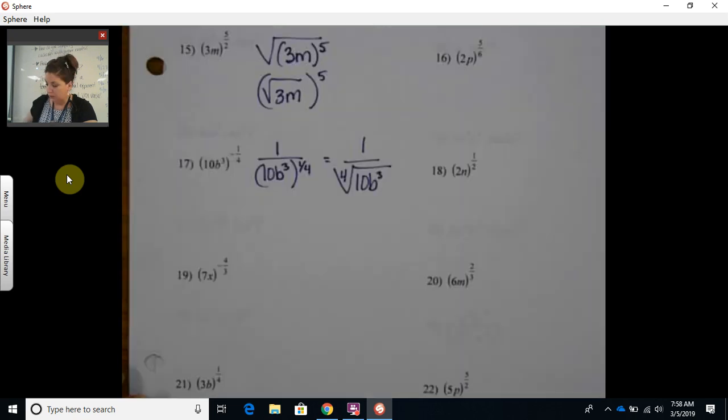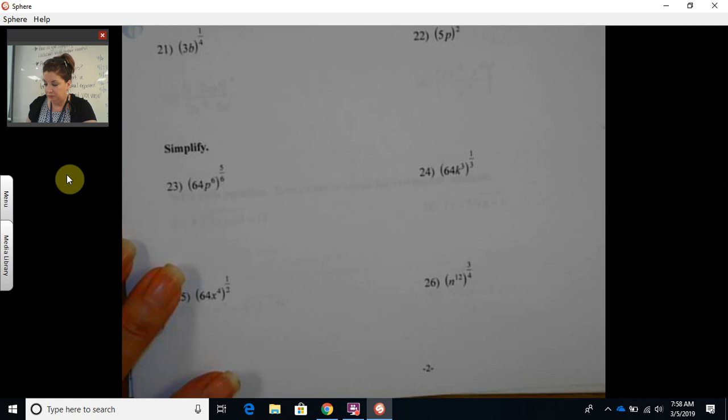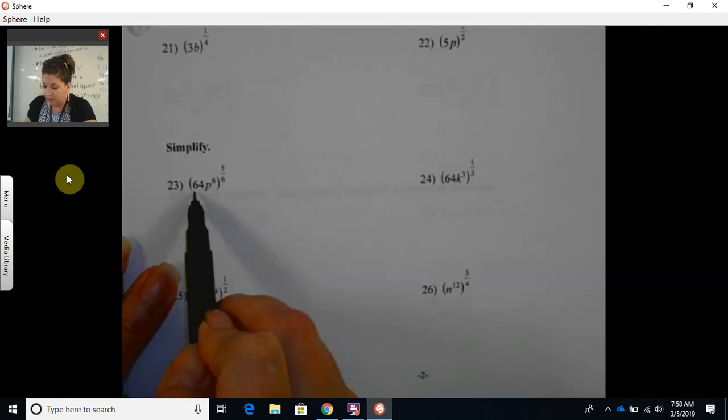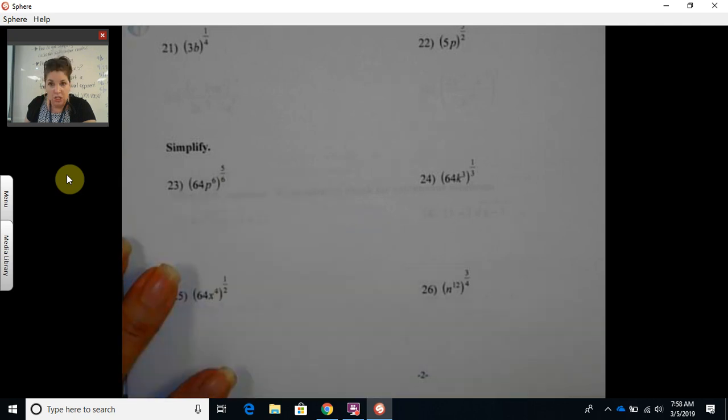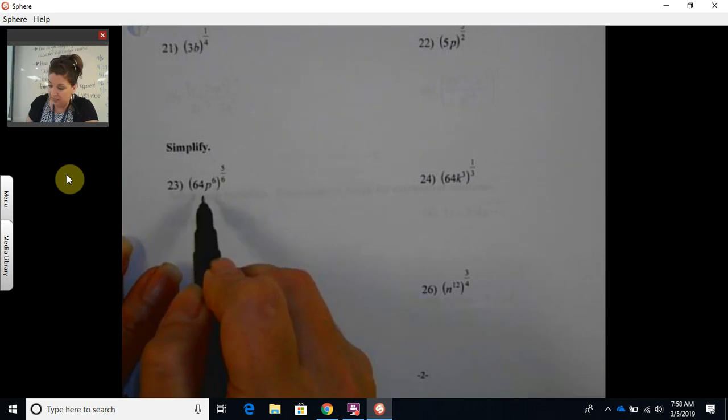23 through 26, simplifying. Okay, so 64 is being raised to the 5/6, and p to the 6 is being raised to the 5/6. I would simplify that by rewriting it in radical form first and going from there. So in radical form, what would be the index?